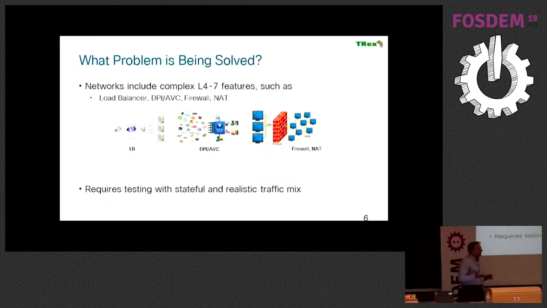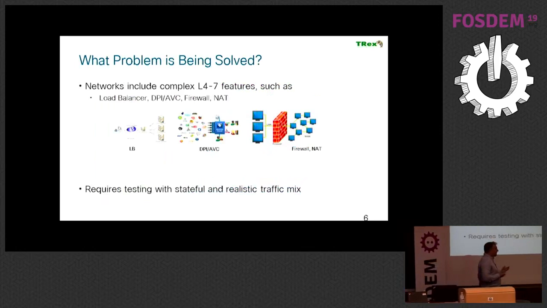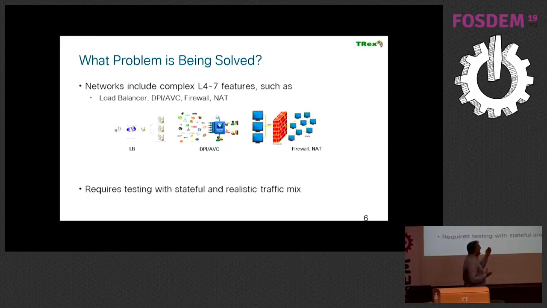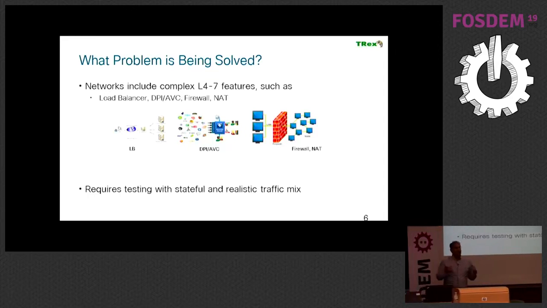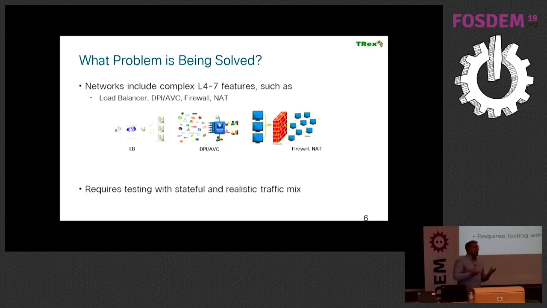Okay? The problem that we try to solve, again, is to estimate the performance of stateful features on the router. Stateful features on the router behave in a weird way. You know, for every flow, we open a context, we cache the clients, cache the server, try to normalize the traffic, and so forth.